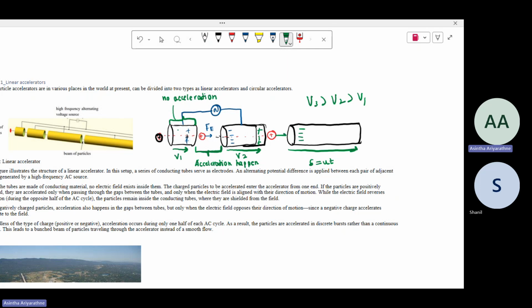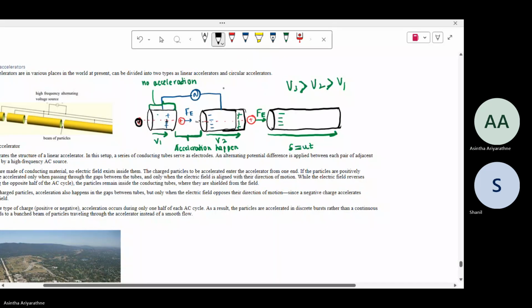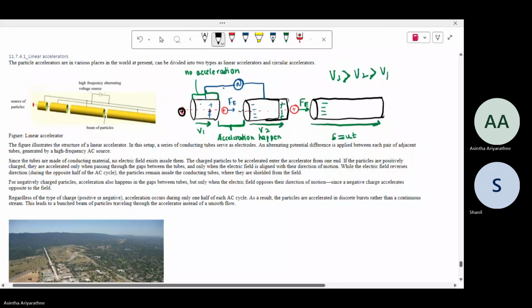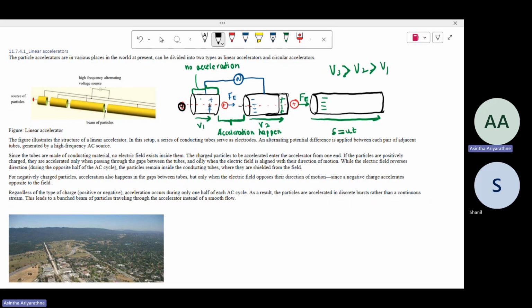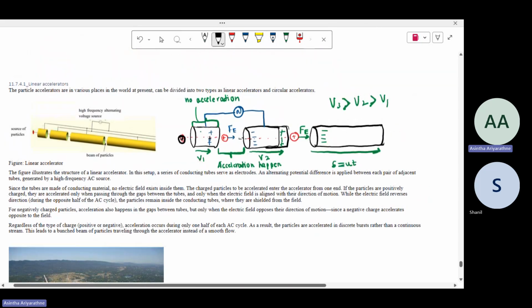So the particle would again be accelerated towards the electrode. So that's what happens inside a linear accelerator.